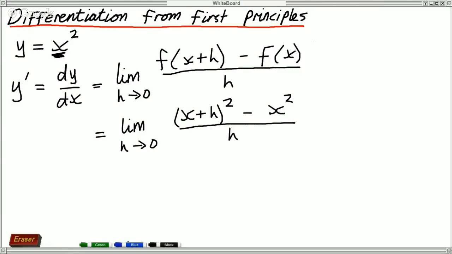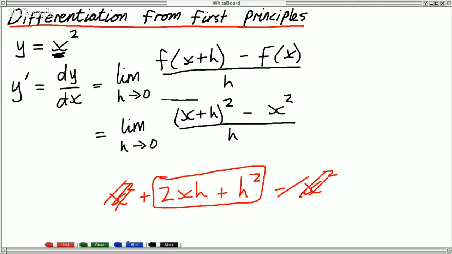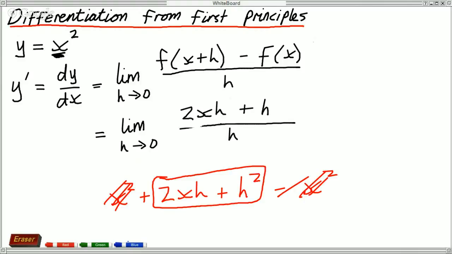But if we have a look at the numerator, we'll have x squared plus 2xh plus h squared minus x squared, and they will cancel out. So our numerator will be 2xh plus h squared.